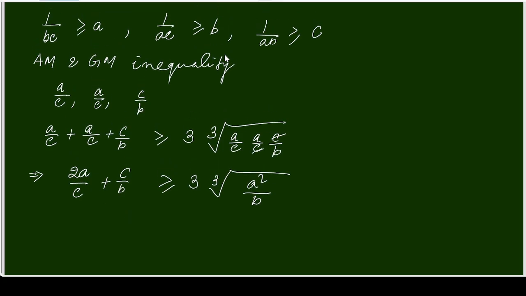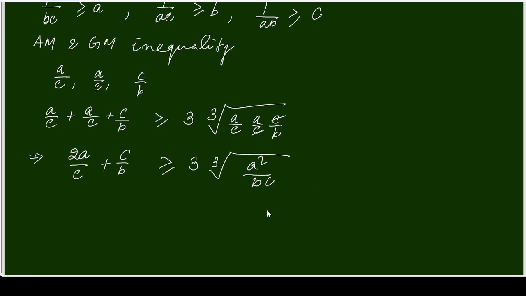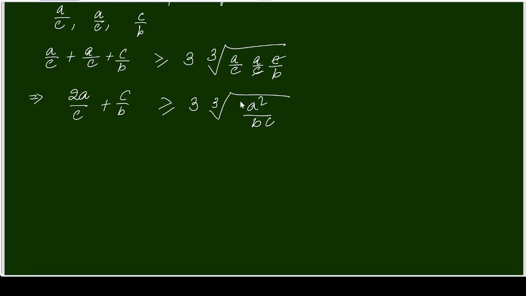Now again, a is less than or equal to 1 by abc. So a squared over bc is greater than or equal to a cubed. Please note it again.